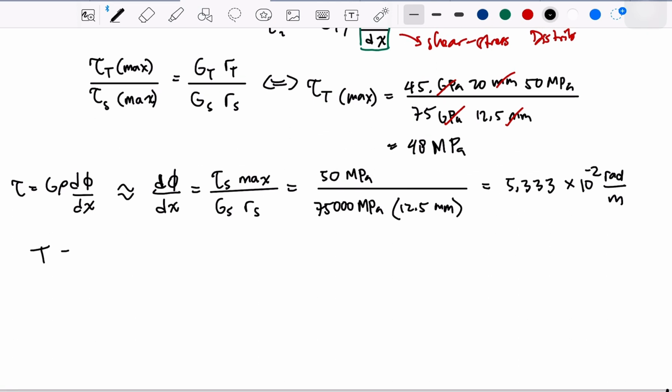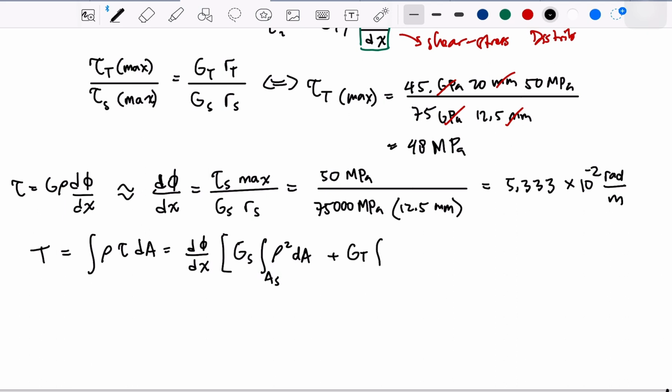And then T, we can see T from the integration of rho, tau, and dA. And this is equal to the angle change multiplied with the G, and then integral of rho squared dA from the steel plus G titanium integral.